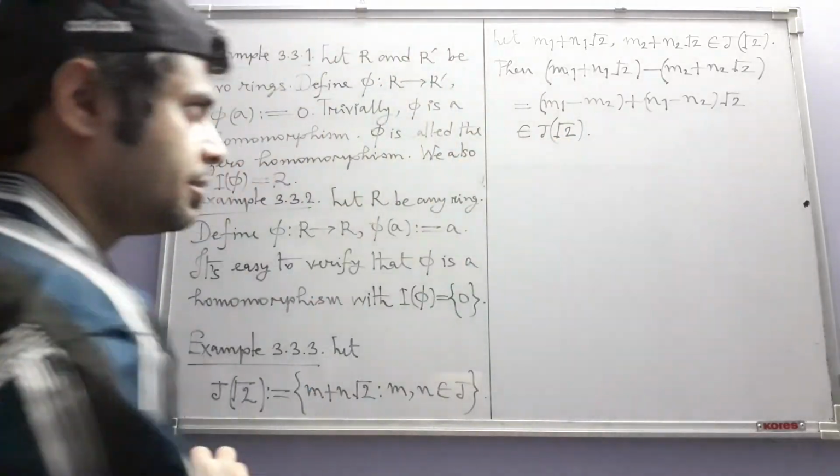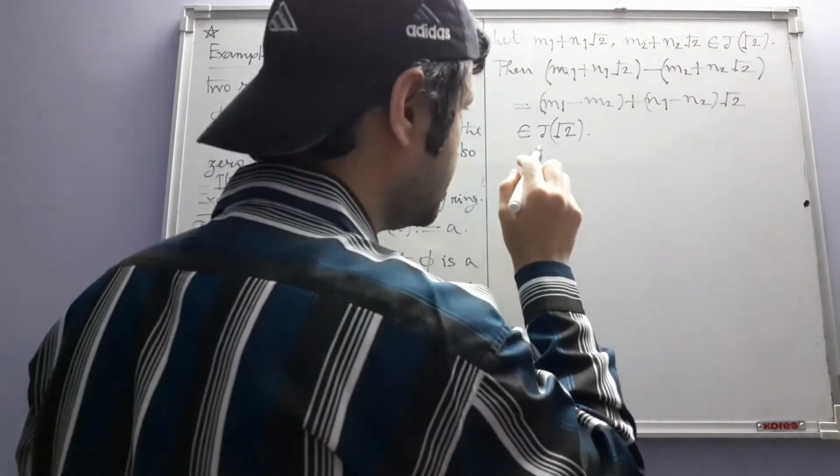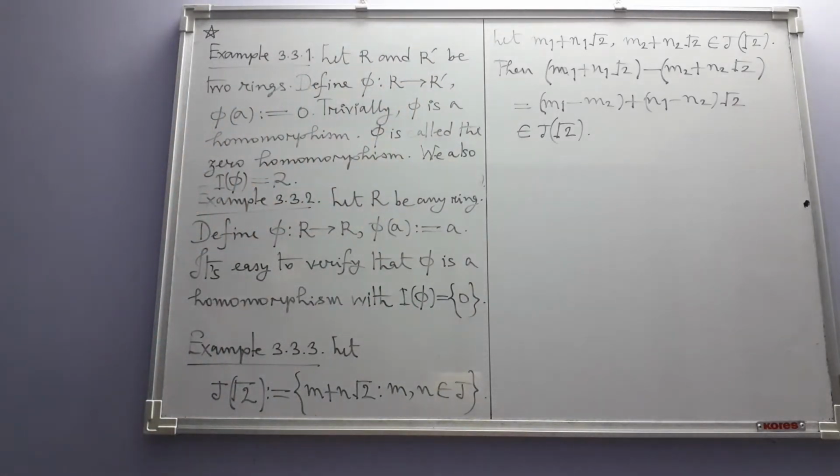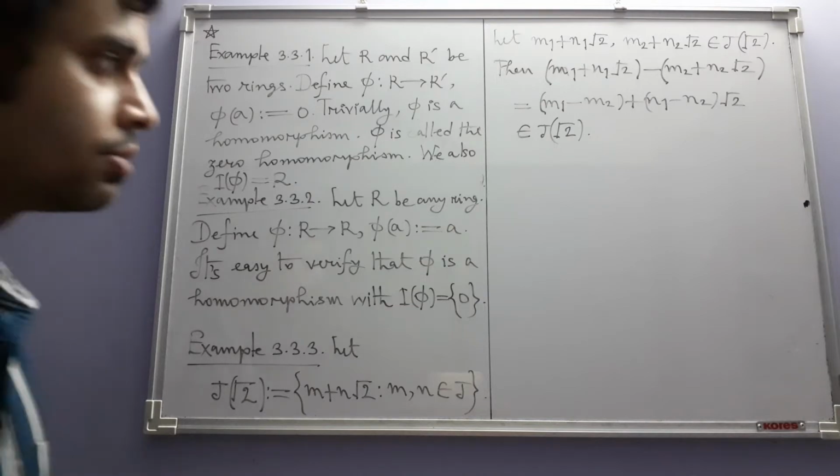Now what this tells you is that J root 2 is a subgroup of the group of real numbers under addition. And why is that so?